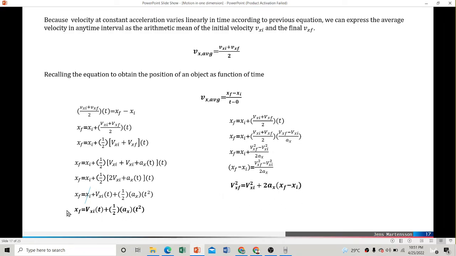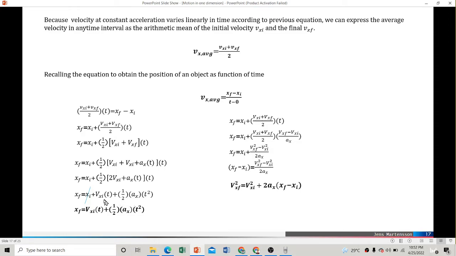This equation is in terms of the relationship with the distance, initial velocity, acceleration and the time. The only difference between these two equations is that this one has no time, so that is the equation we will use.